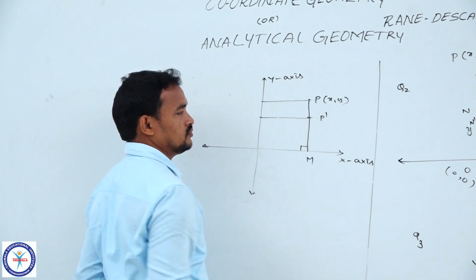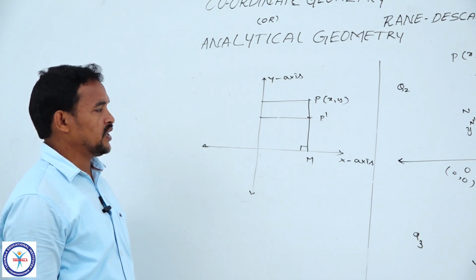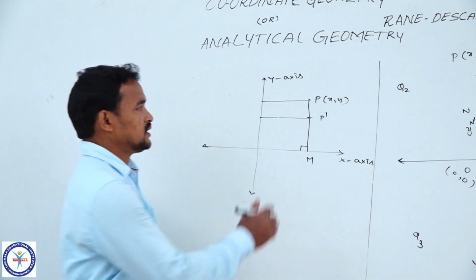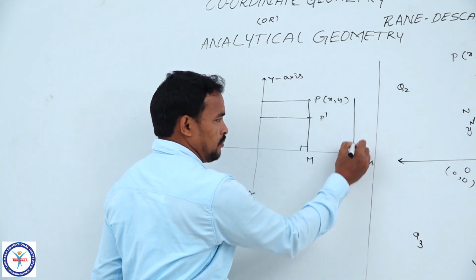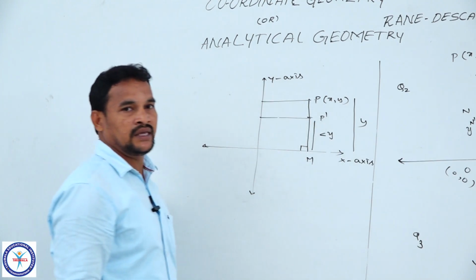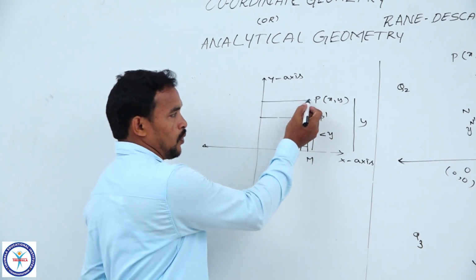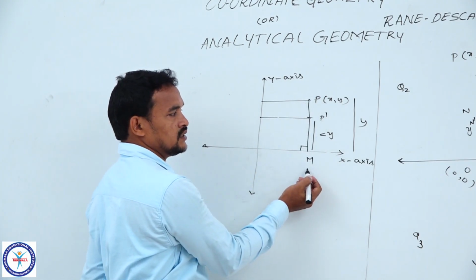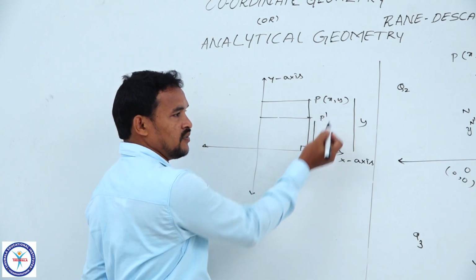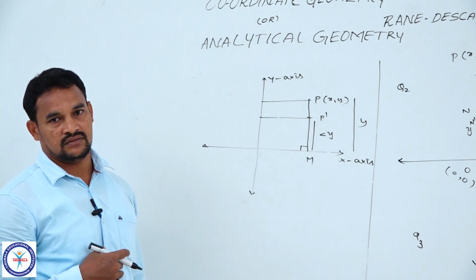Here, PM when compared with P dash M is more. From P to M is y, P dash to M is less than y. That means the value of y is decreased. Like this, as the point P moves closer to the x-axis, the y value is decreased and the x value is not changed.